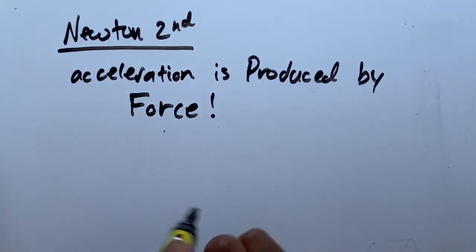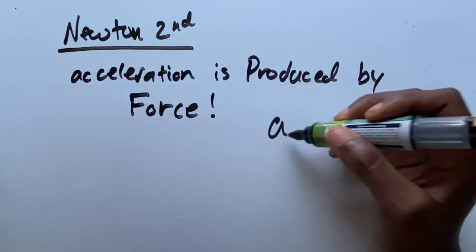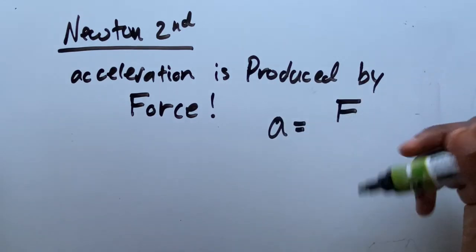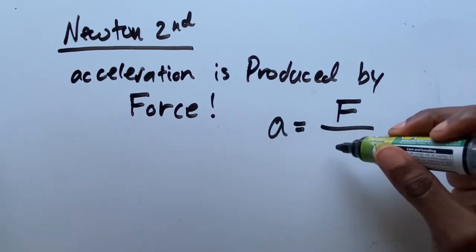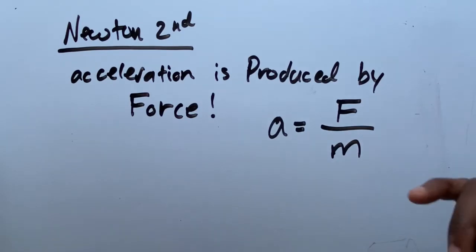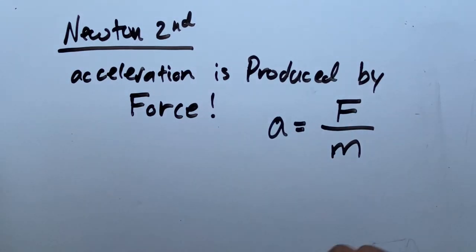And basically, acceleration is produced by force through this equation here. Acceleration is equal to the force imposed, so the push or the pull, divided by the mass, m for mass, of the object that you're pushing or pulling. So again, A for acceleration, F for force, and m for mass.